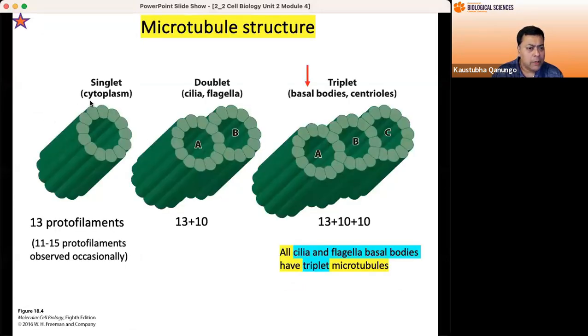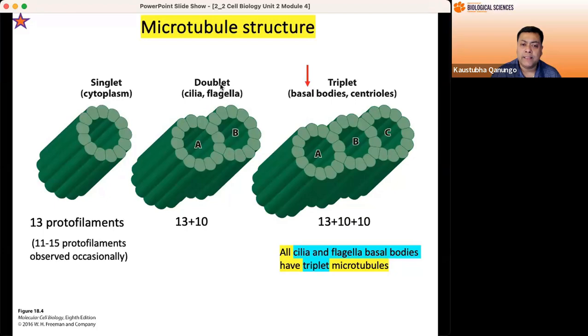So here you have a singlet with 13 protofilaments, sometimes 11 to 15, but this is the most common one. When you find these microtubules across the cytoplasm, this is what we most commonly see throughout the cell. For example, during cell division, the chromosomes that move on these are all singlet microtubules. They are all these 13.